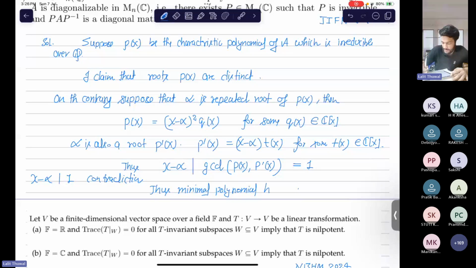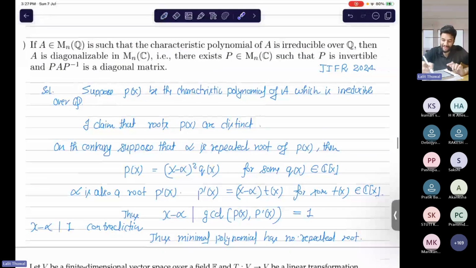Because in this case your characteristic polynomial has all roots distinct, the minimal polynomial is going to be the characteristic polynomial, because every root of the characteristic polynomial is a root of the minimal polynomial. You know that. The minimal polynomial has no repeated roots. That's why the matrix must be diagonalizable over C.